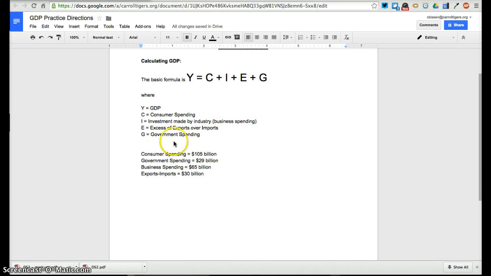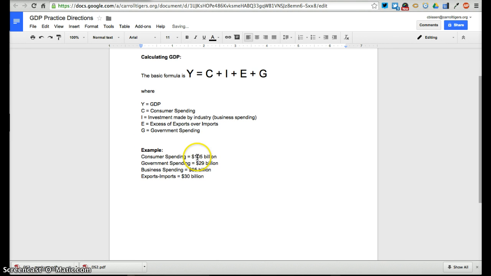Okay. In this example here, we have consumer spending at 105 billion, government spending at 29 billion, business spending at 65 billion, and exports minus imports at 30 billion.